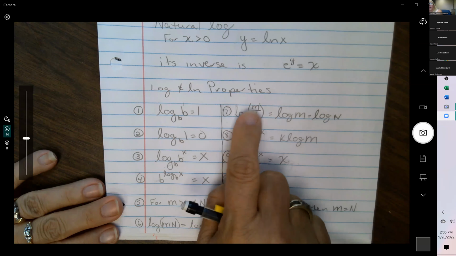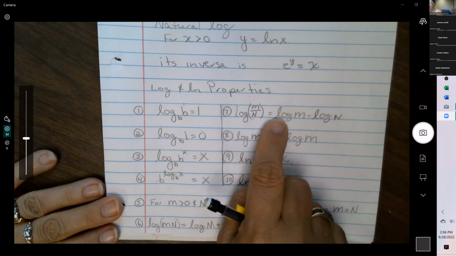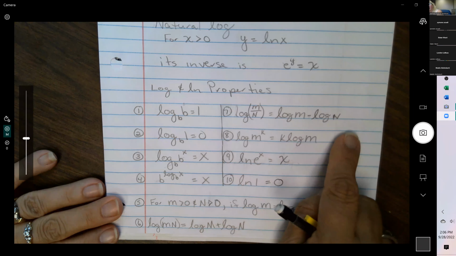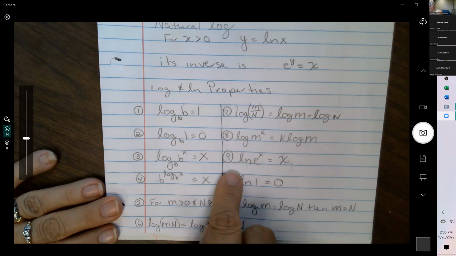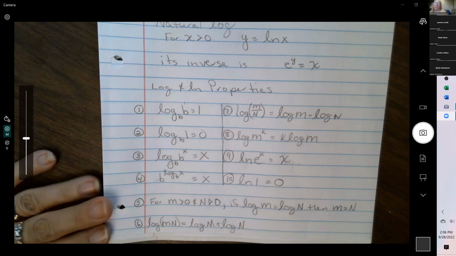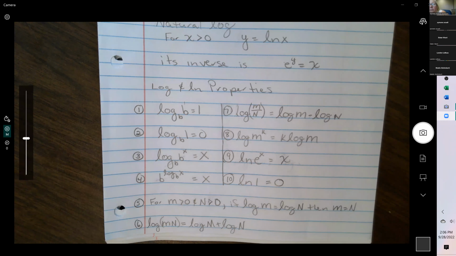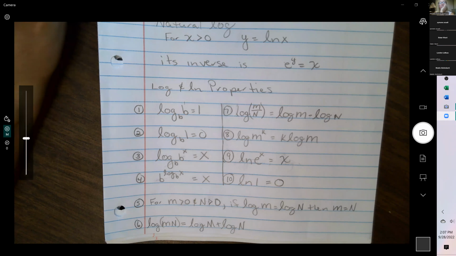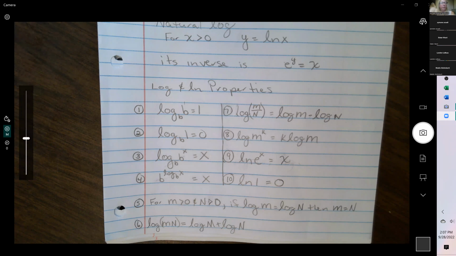So the natural log of m divided by n is the natural log of m minus the natural log of n. So whether it's a log or a natural log, the ln, these rules still apply. I'll give you a minute to get them written.